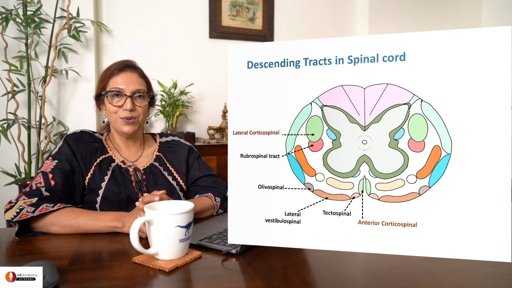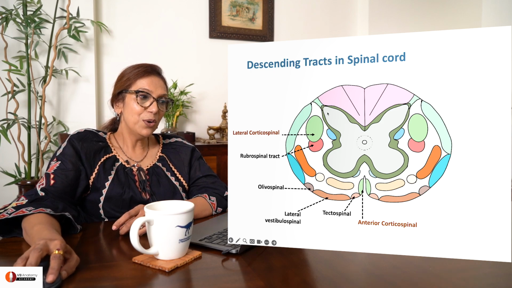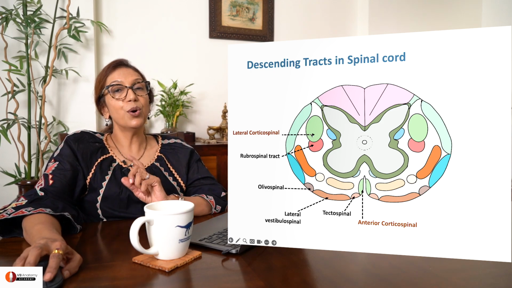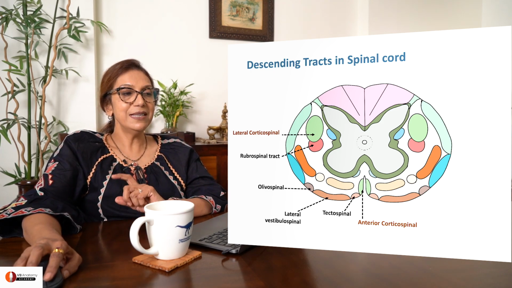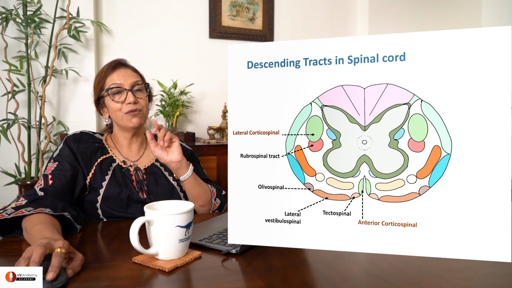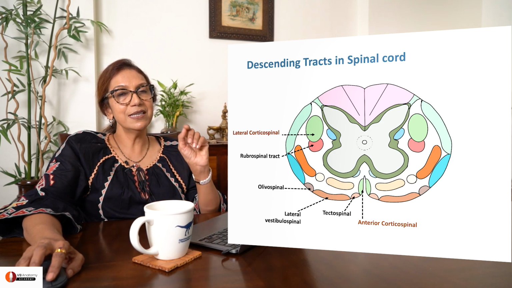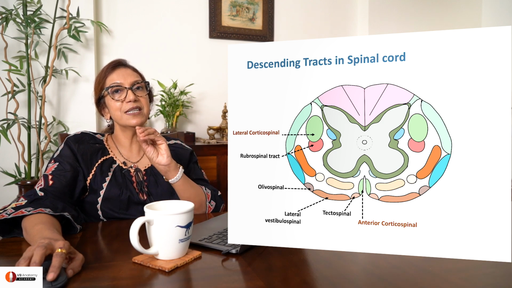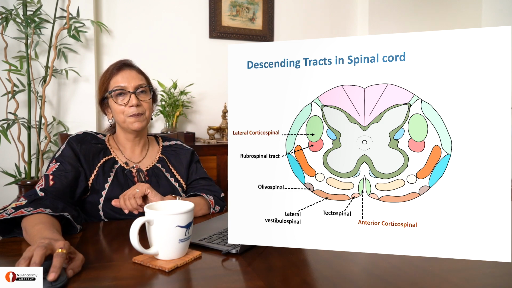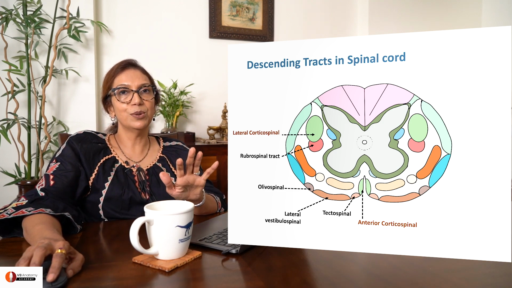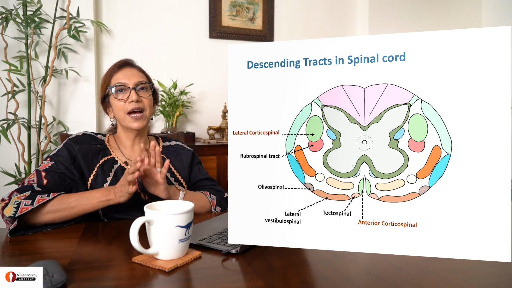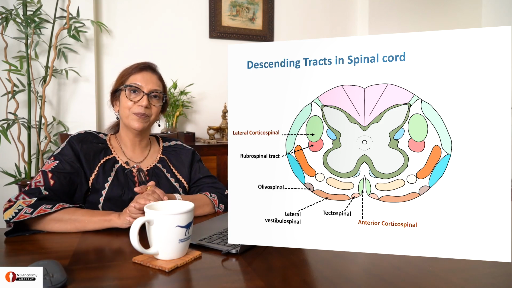I have a question for you. This lateral corticospinal tract, it is corticospinal. So is it carrying fibers of the same side cerebral cortex, or is it carrying fibers from the opposite side cerebral cortex? If you know the answer to this, then you have understood the idea of pyramidal decussation.